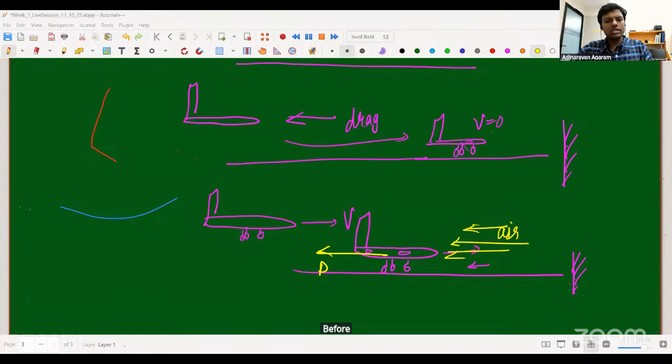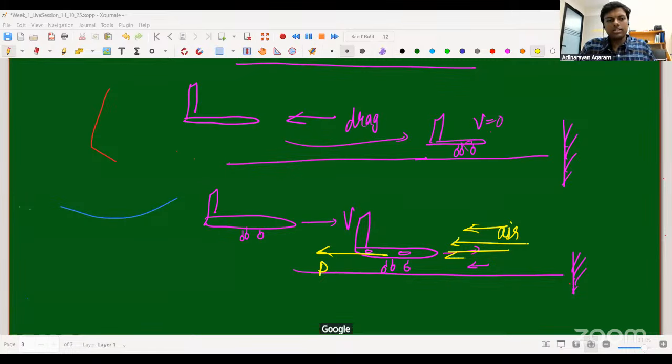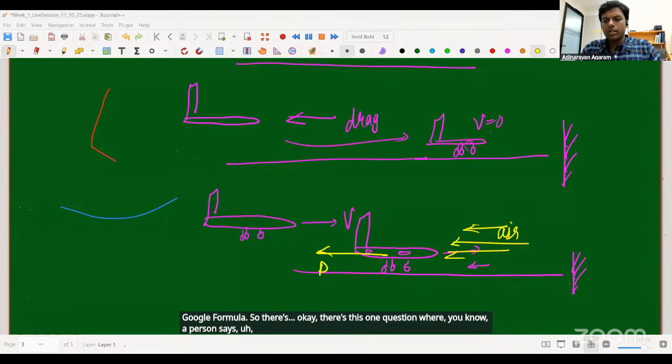Before I move on to the other questions in the meeting, let me clarify a few questions that came on the Google form list. One question says we know that thrust equals drag.